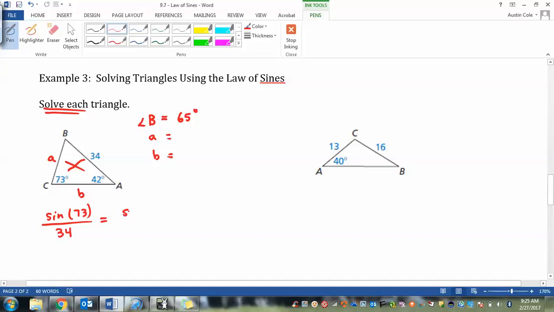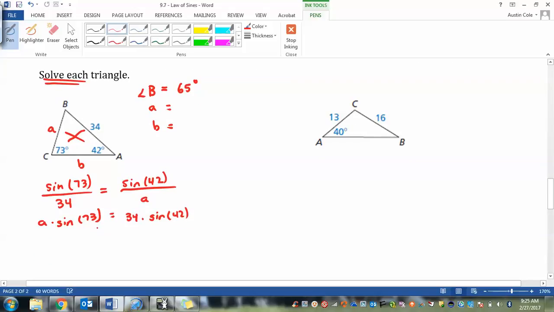I can do the sine of 42 divided by A. Cross multiply here, A times the sine of 73 equals 34 times the sine of 42. Now I can divide both sides by the sine of 73.